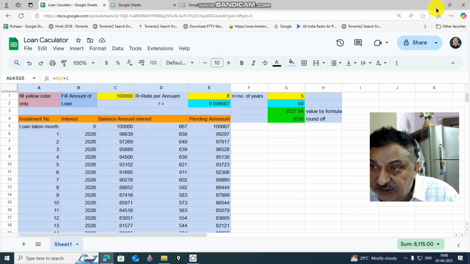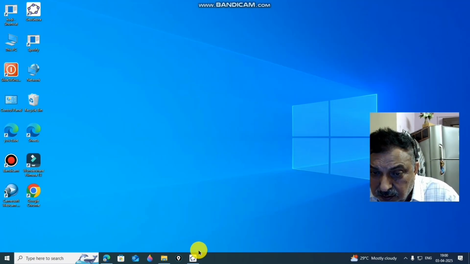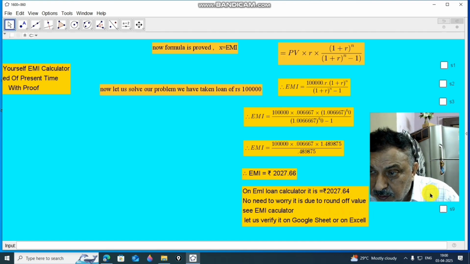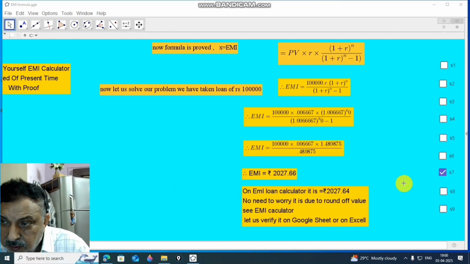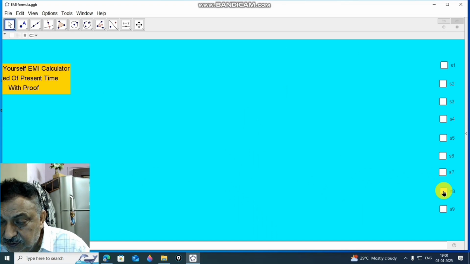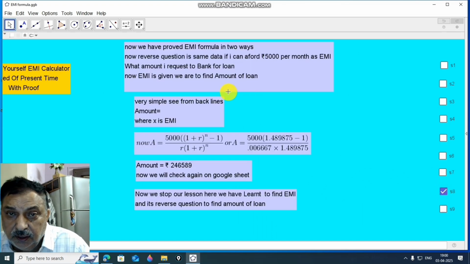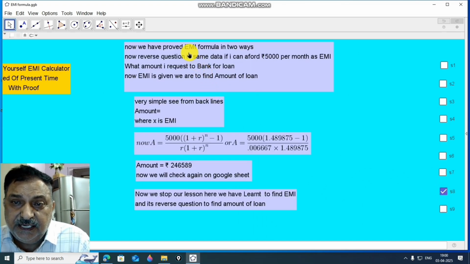This was calculated manually and that was calculated on computer. Now we have proved the EMI formula in 2 ways.